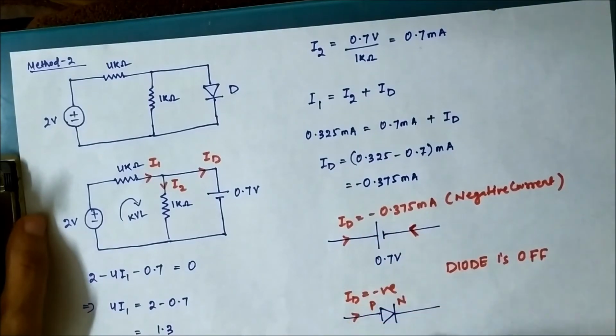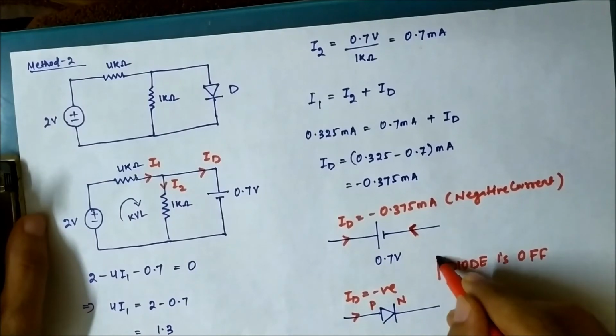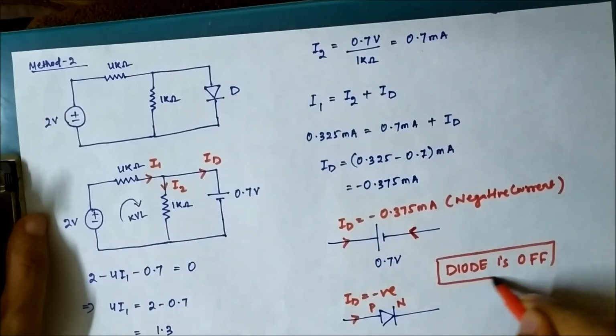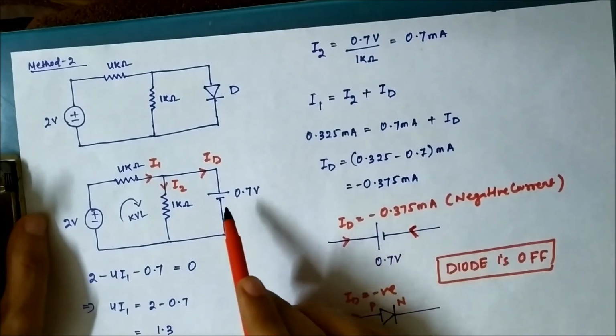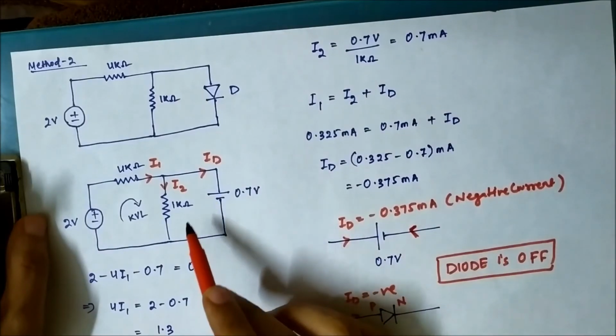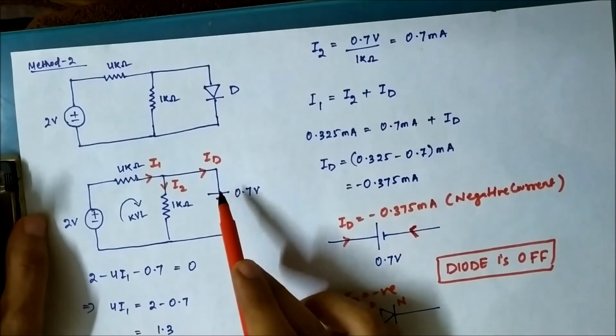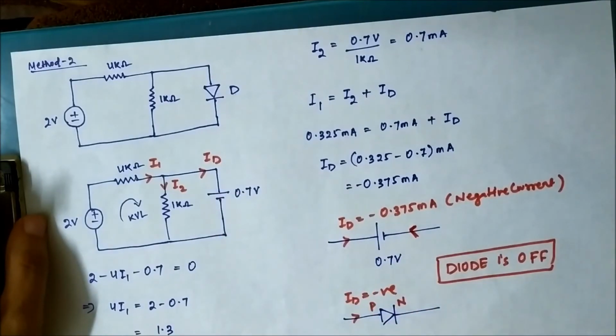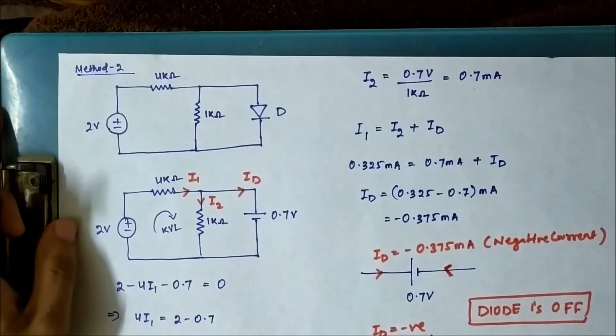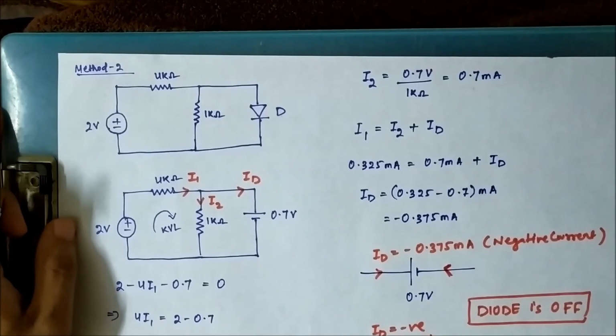So this diode is off, our assumption was wrong. Whenever you come across a circuit where you assume that a diode is on and you calculate the current flowing through the diode and the value comes negative, whatever may be the magnitude, if the sign is negative, then you can say that the diode is off. So this is the second method of approaching circuits associated with PN junction diode, where you have to determine the state.